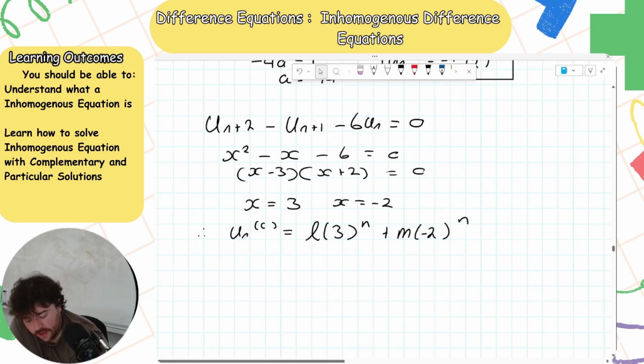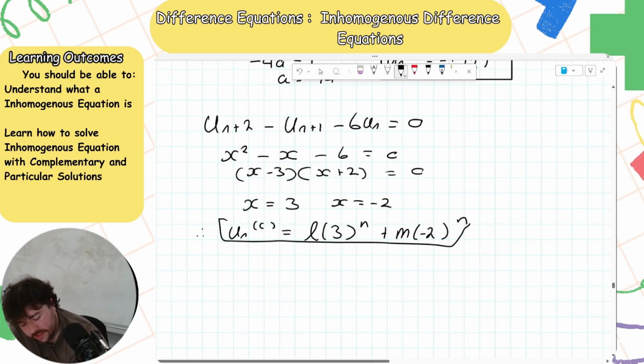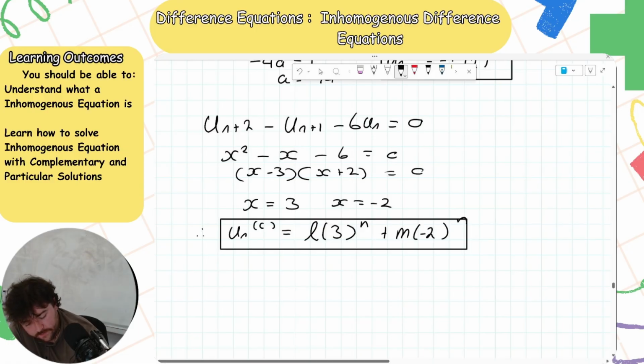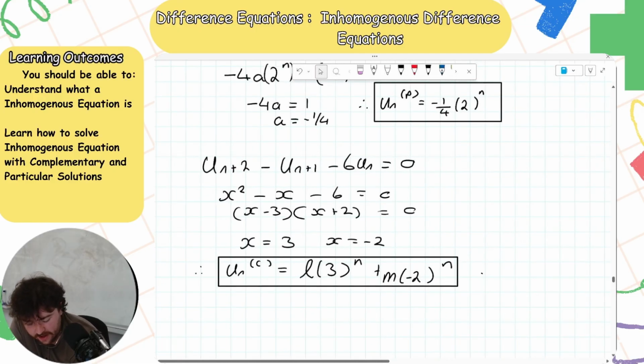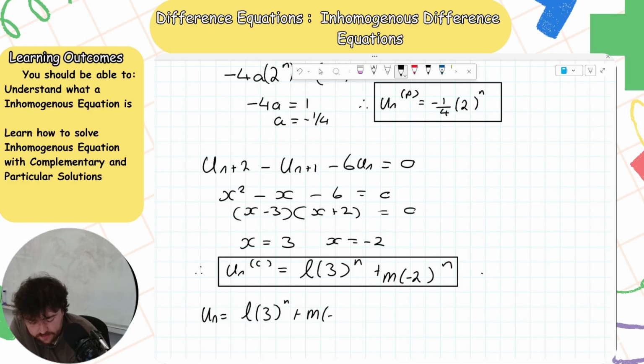Now I have my complementary solution, and I have my particular solution up here. My complete solution is L times 3 to the n plus M times minus 2 to the power of n minus a quarter times 2 to the n.